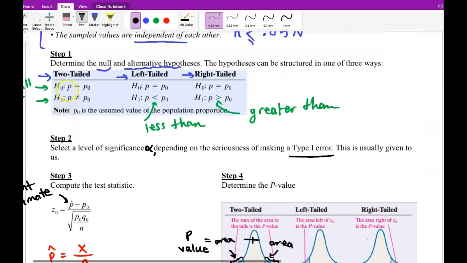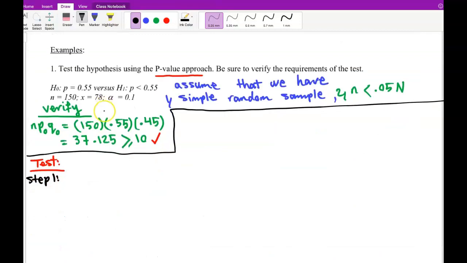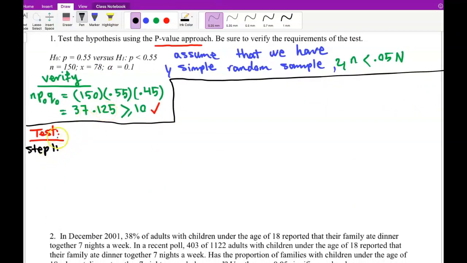In step 1, I want to see which one I have: a two tail, left tail, or right tail? Here the null is always equal to, so p is equal to 0.55. Now the alternative is already given: p is less than. So we have a left tail.